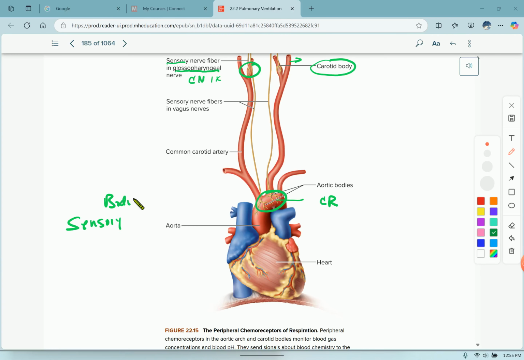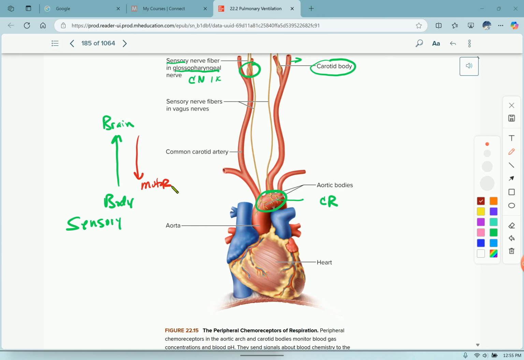body to brain. All right, that's neurologically, that's how we work. We sense it, so whatever the sensory thing is, it's going to go from body to brain. The brain is going to interpret it, and then it's going to send a motor response. All right, and in general, that's how we work. Sensory in, motor out.